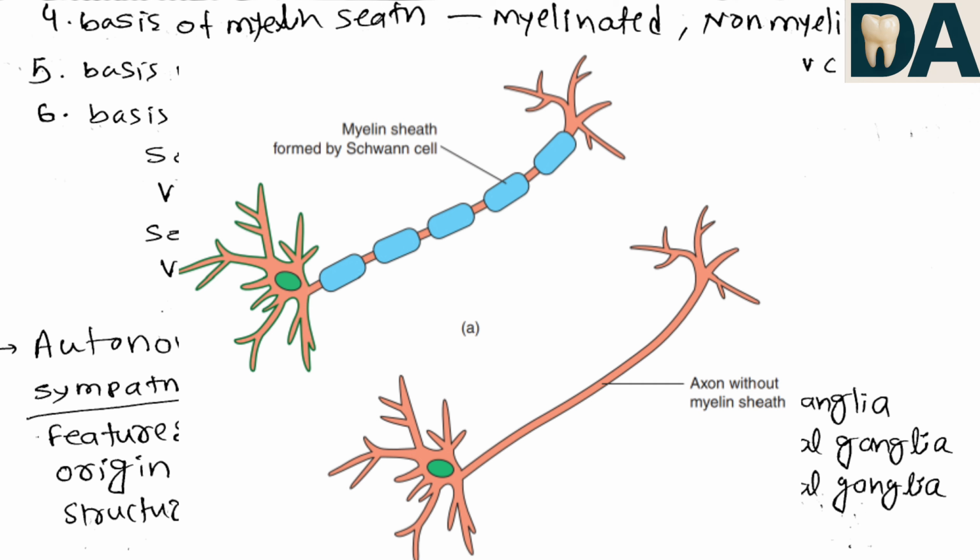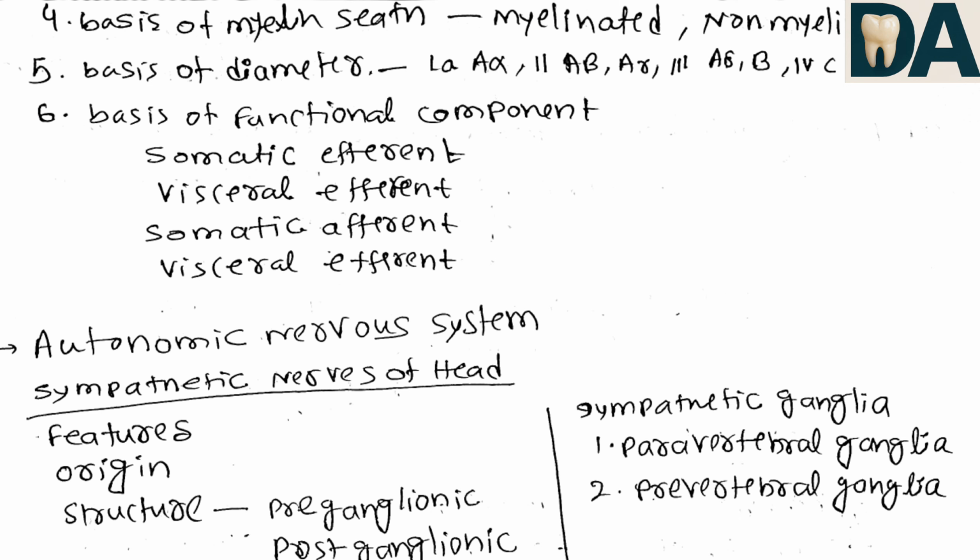Non-myelinated nerves are nerves without a myelin sheath. On the basis of diameter, the nerves may be classified according to the degree of myelination. The most myelinated are called A alpha, then A beta, A gamma, A delta, B, C. Those are as follows. This is not also most important.